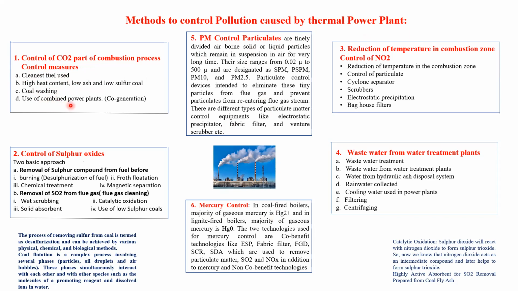Use of combined power plants, that is cogeneration. It is a separate chapter, a separate syllabus for that. Cogeneration means whatever exhaust gas is coming out of particularly a gas turbine power plant, having more hazardous things that may damage the surroundings or environment.